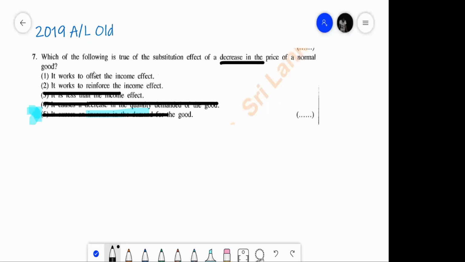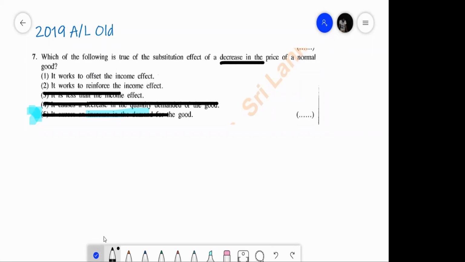Reinforce means the income effect is also saying that has to happen. The substitution effect is supporting that. It's helping that. It's reinforcing that. Income effect is saying, okay, when price decreases, I also have to increase demand. So substitution effect is also supporting that. That is what reinforcement means.